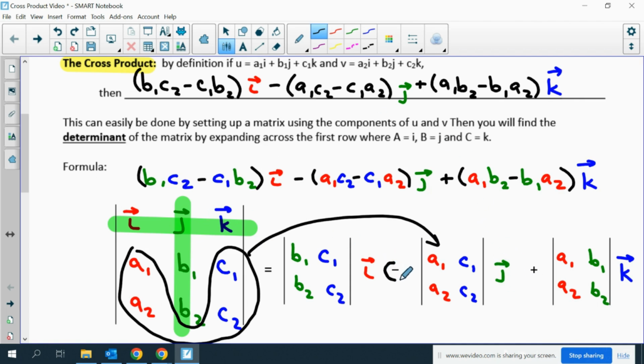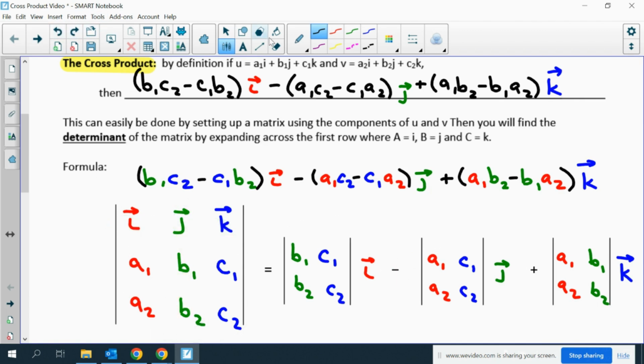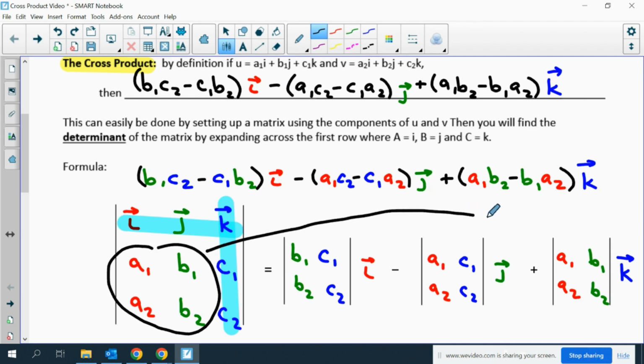Notice that this one is a minus sign, so that's the only thing that you kind of have to remember with that. And then we do the same thing with k. We eliminate everything in the same row and column as k. We take this 2x2 matrix and we multiply the determinant of that matrix by the vector k.